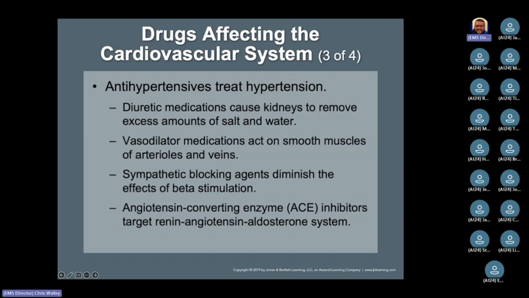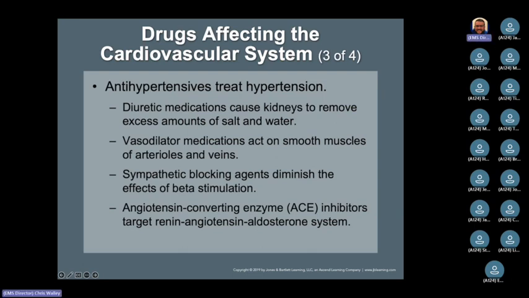That is wonderful. Your vasodilator medications act on the smooth muscles within our arterioles and our veins. This explains why your nitroglycerin is so beneficial in treating myocardial ischemia. So now you know why, when you give nitroglycerin, it's affecting those smooth muscles.